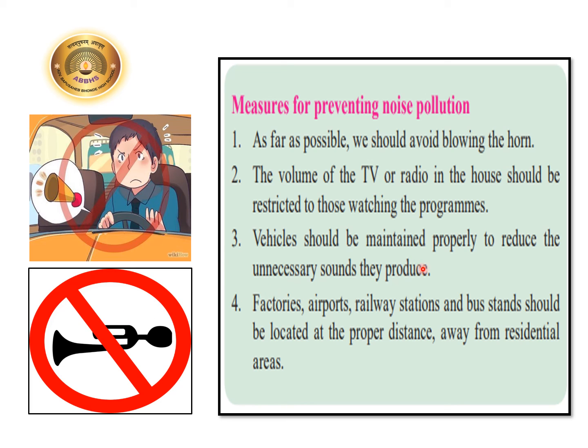Vehicles should be maintained properly to reduce the unnecessary sounds they produce. Factories, airports, railway stations and bus stands should be located at a proper distance away from residential areas. So these are the measures for preventing noise pollution. In this way we can stop noise pollution.